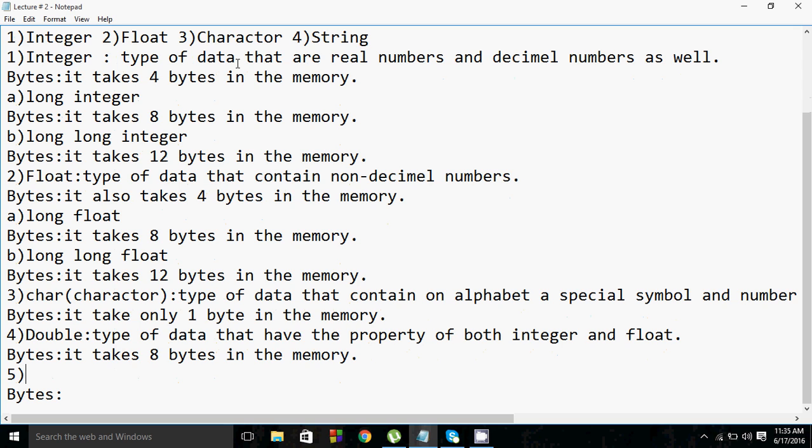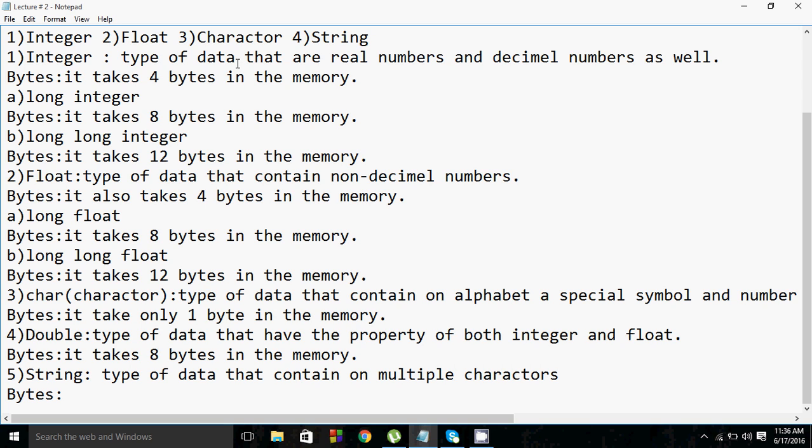So the fifth and last type of data is string. You can say that it's a type of data that contains multiple characters.